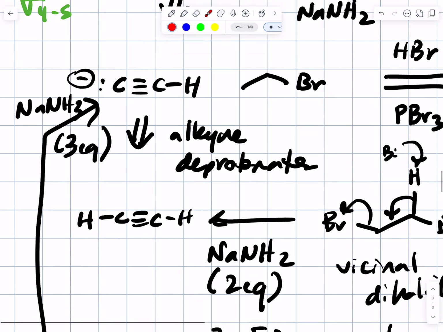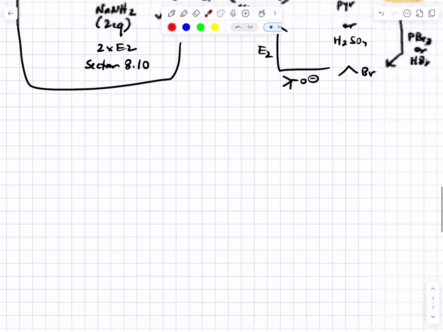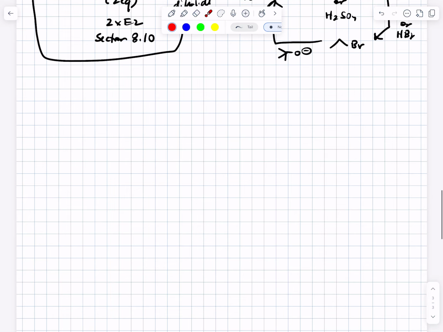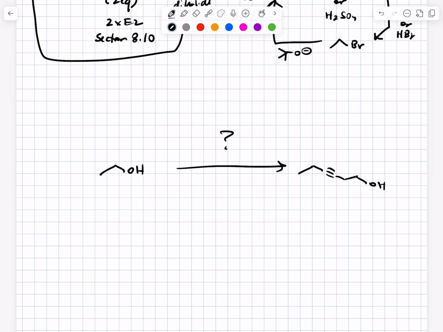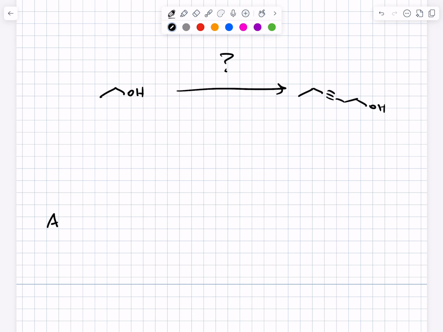So how I format synthesis questions for multiple choice exams is, I show you the starting material, and I show you the product, and then we put a big question mark there, and then I give you options A through whatever, not C, it's going to be harder than that.